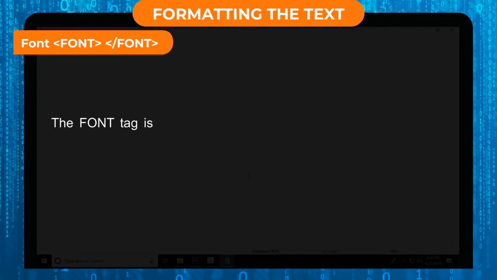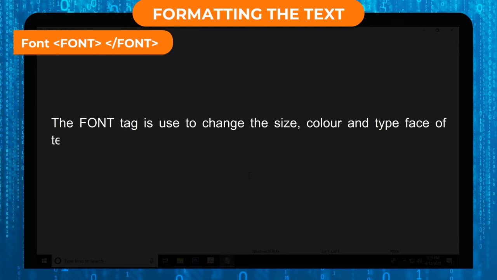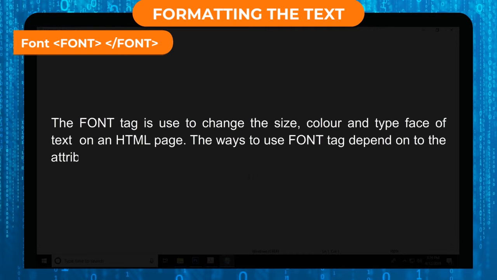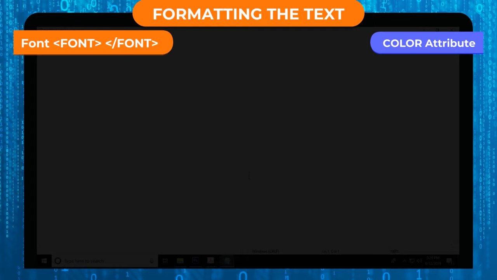The font tag is used to change the size, color and typeface of the text on an HTML page. The ways to use the font tag depend on the attribute used. Color attribute. Color attribute specifies the color of the text.